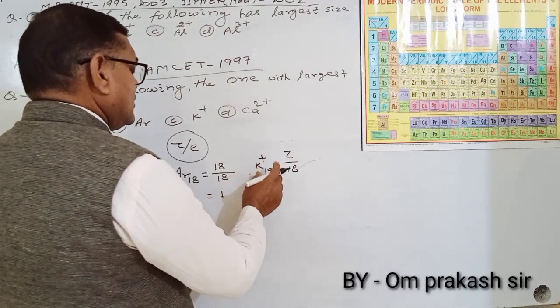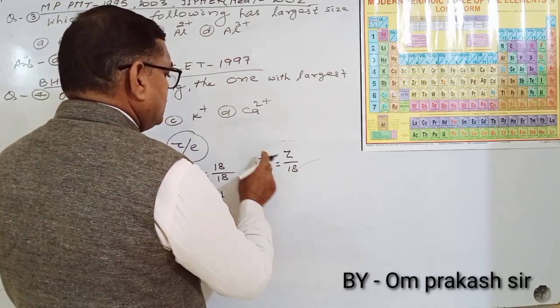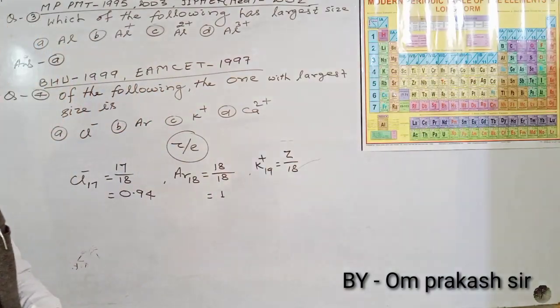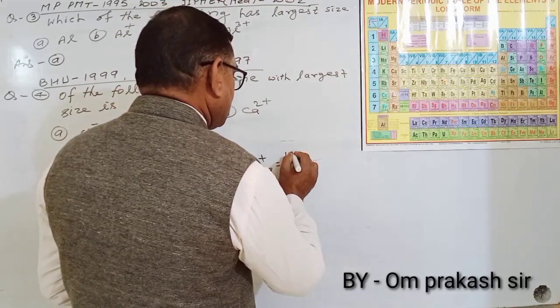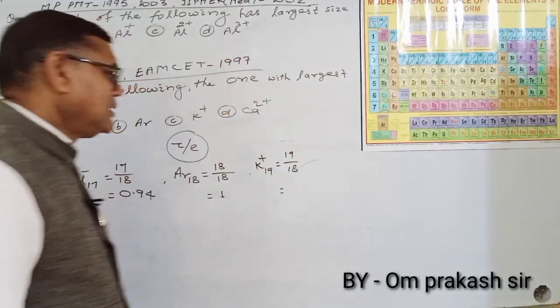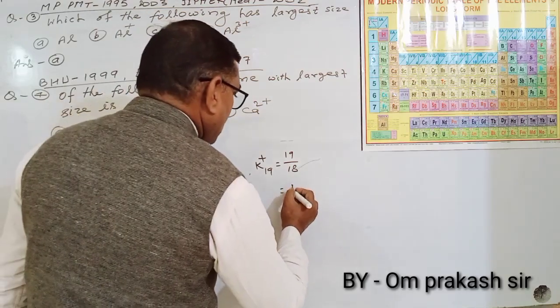We subtract 19 minus 1 due to one positive charge, and we get 18. Here we write 19. We divide 19 by 18, we get 1.05.